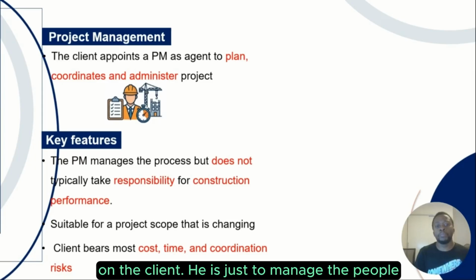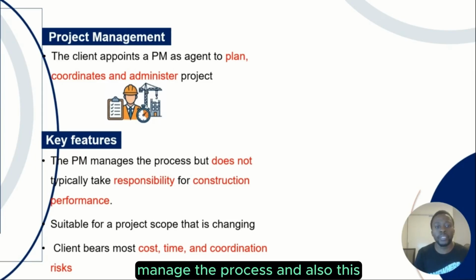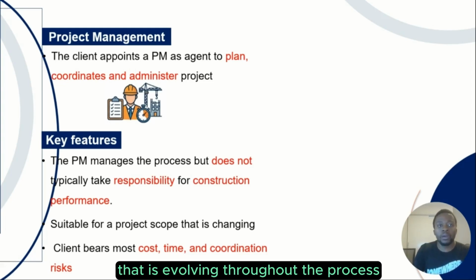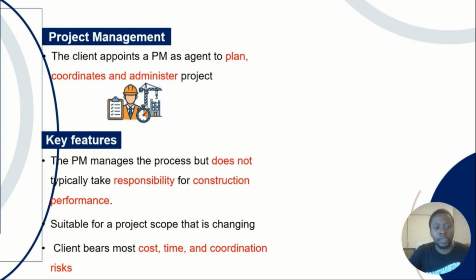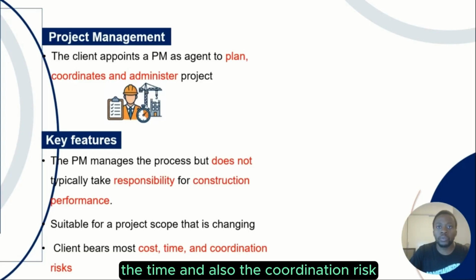He is just to manage the people, manage the activity, and manage the process. Also, this kind of procurement system is more suitable for scope that is changing and evolving throughout the process. The client bears most of the cost, the time, and also the coordination risk.